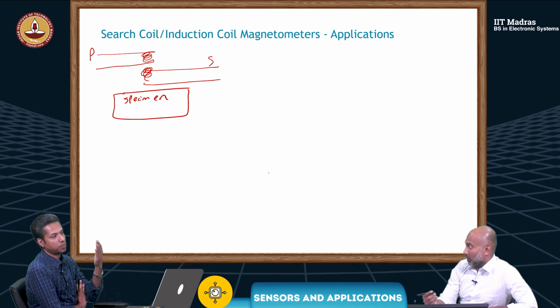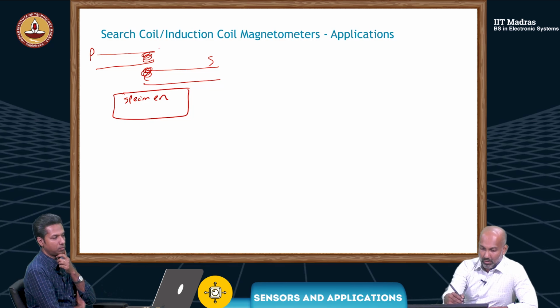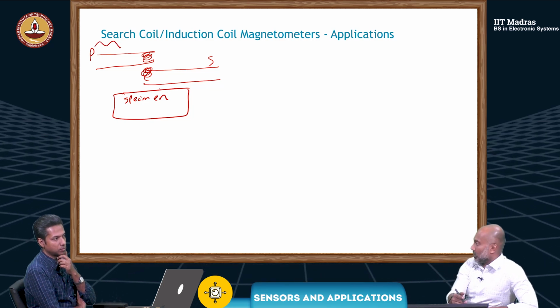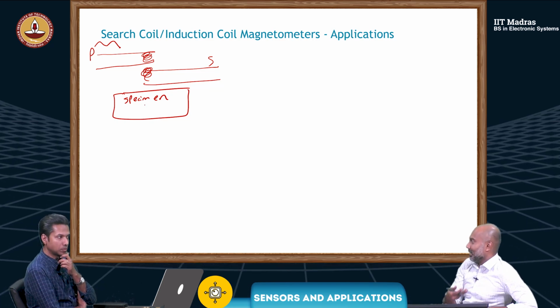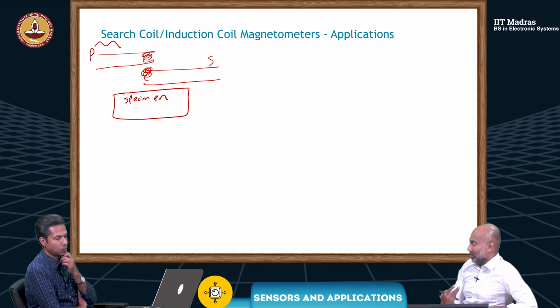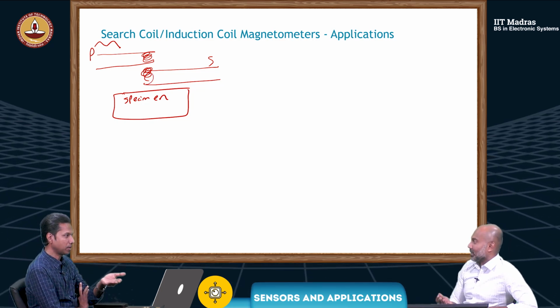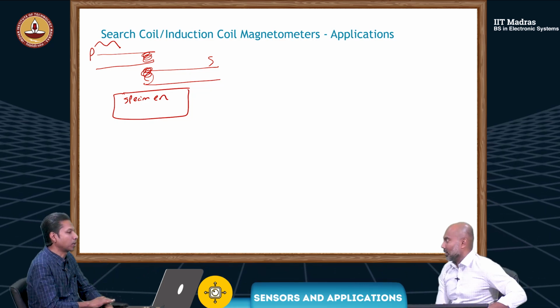The primary is excited by a sinusoidal source. The secondary will also measure the primary field, but as there is opposition from the eddy current, it will see less and less field. So there will be some resultant.